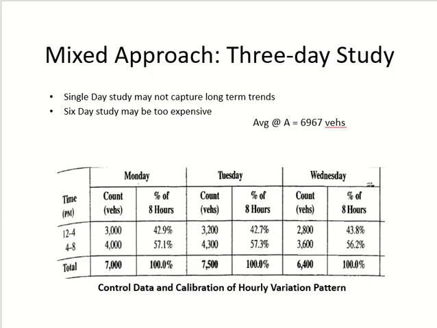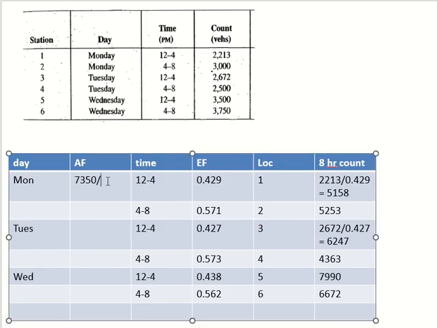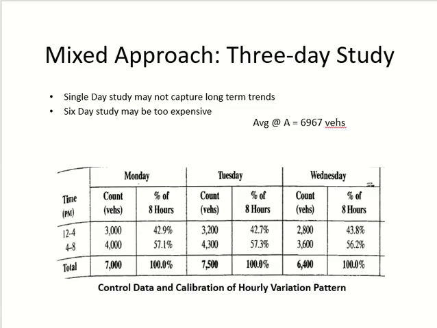For Monday, the total from here 7000. How much? 0.5. Okay, Tuesday, average same, count of Tuesday 7500.